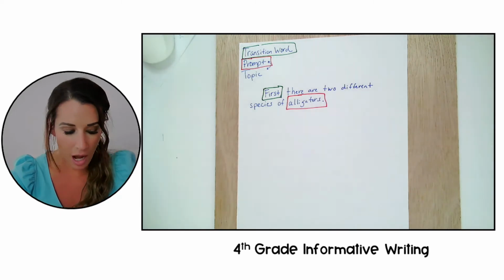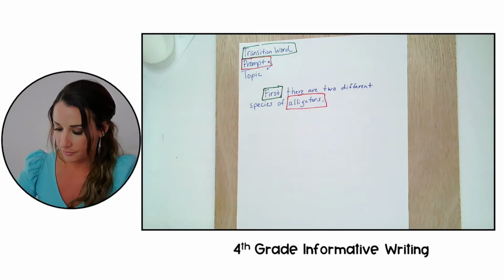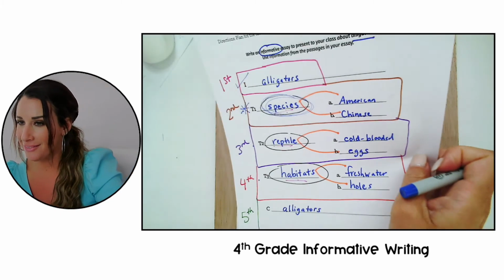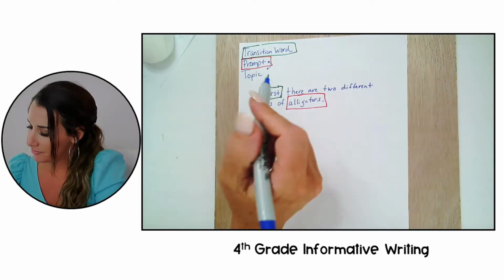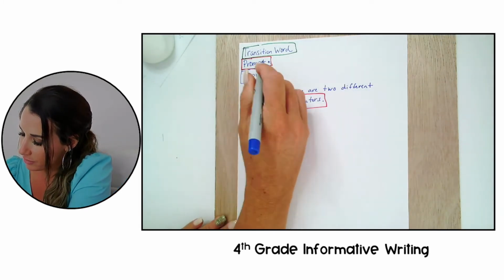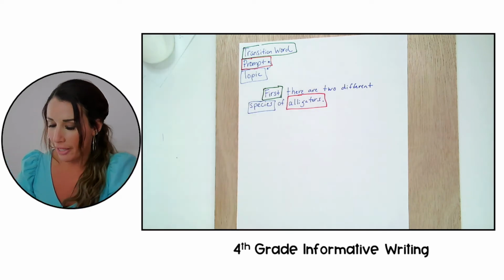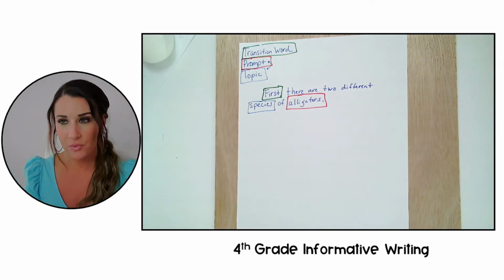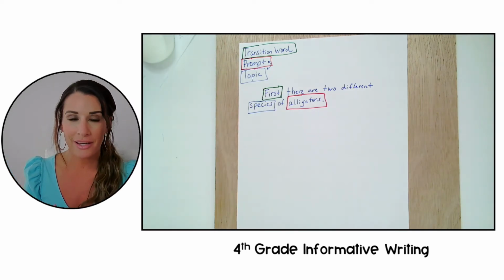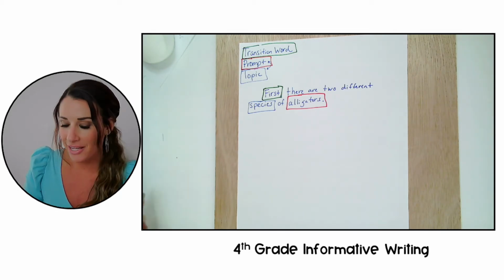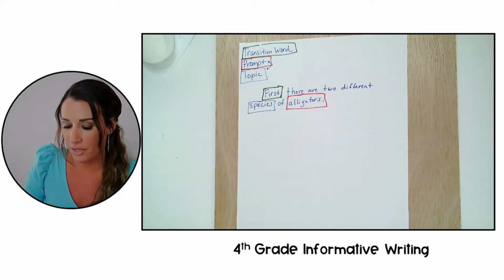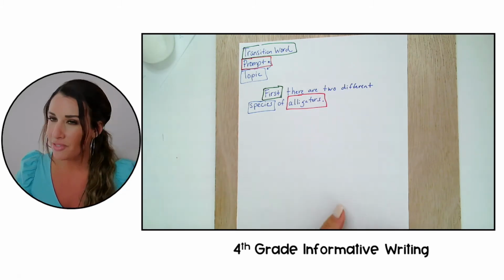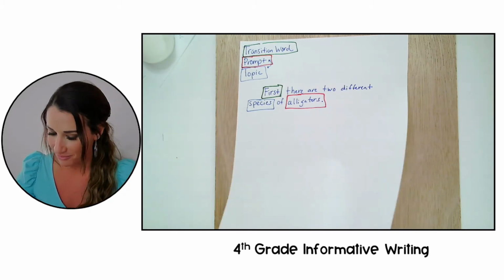And my topic one, if you go back to planning, is species. I'm going to put that in blue. That's right here. So I have the three parts. I have a transition word, I put my prompt in there, and the overall topic for that sentence. Okay, now let me go over some examples with you. Some examples and non-examples.